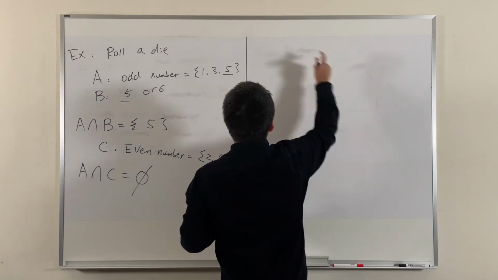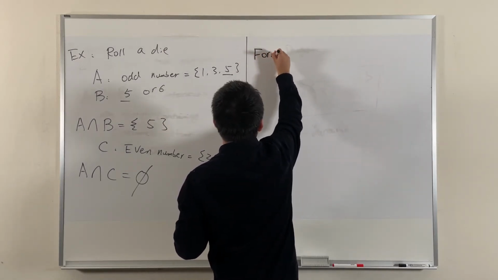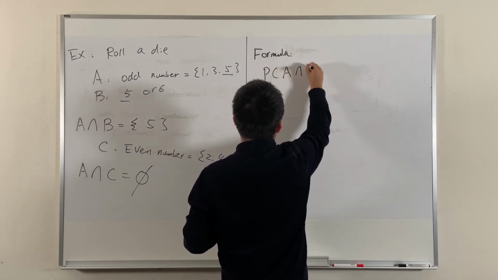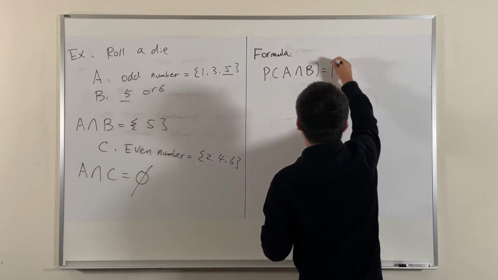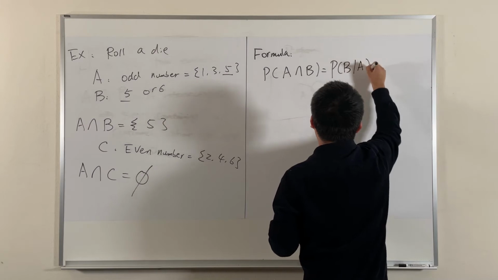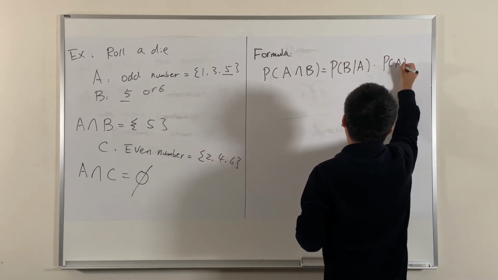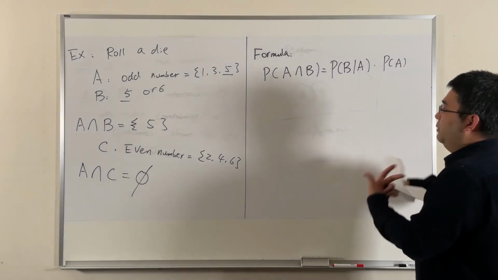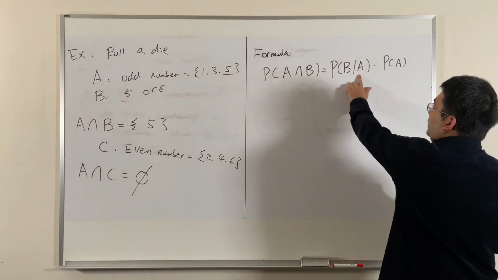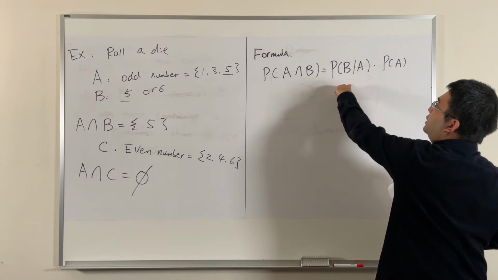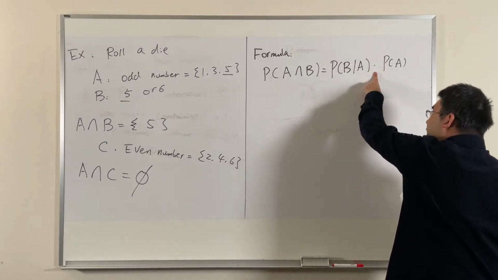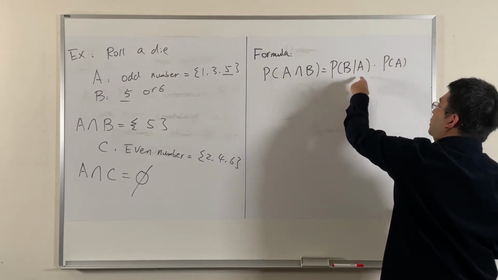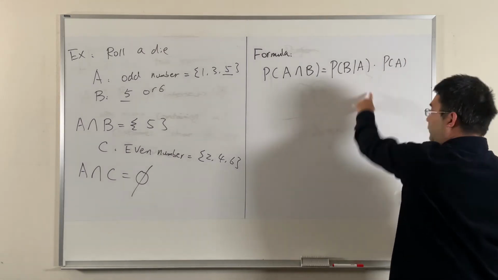The probability of A intersect B equals the probability of B given A multiplied by the probability of A. What it means is, to find the intersection of A and B, we want to see, given A happens, what is the probability that B will happen, and then multiply by the probability that A happens, because we condition on A having happened.